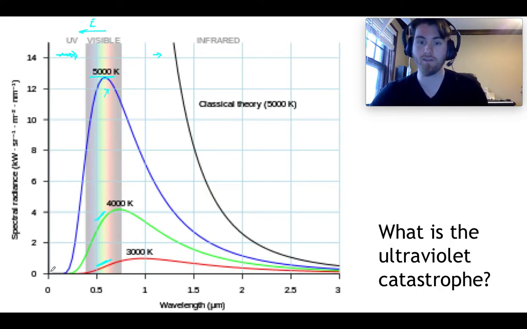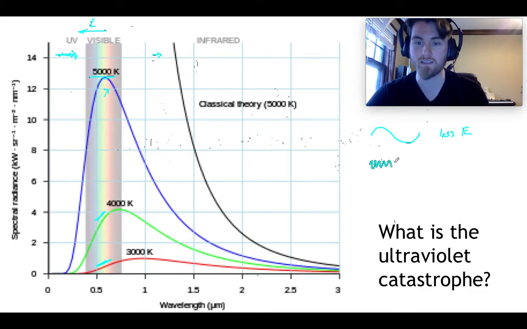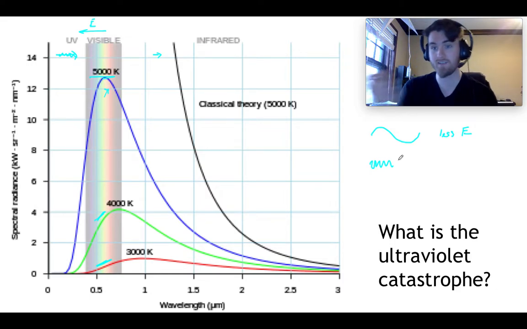If we talk about the electromagnetic spectrum in general, a longer wavelength correlates to less energy. That's why a gamma wave is really energetic and has a very, very small wavelength. But the idea here, the ultraviolet catastrophe, is that this all works fine for everything up until ultraviolet.